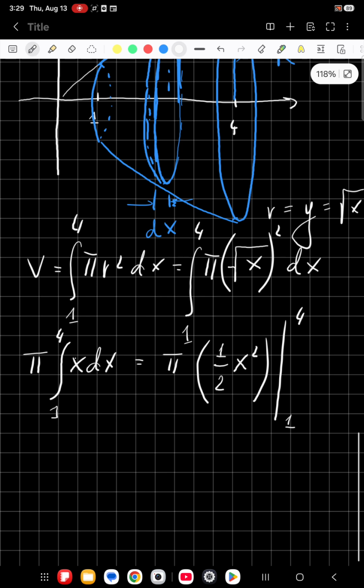Okay, so let's plug in those endpoints. So we have pi. And now, yeah, just a little bit of arithmetic. So half of 4 squared, then minus half, and this time it's 1 squared.